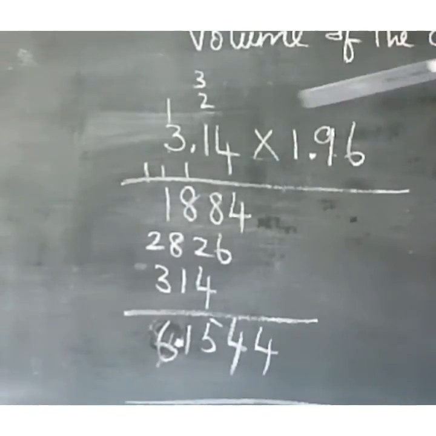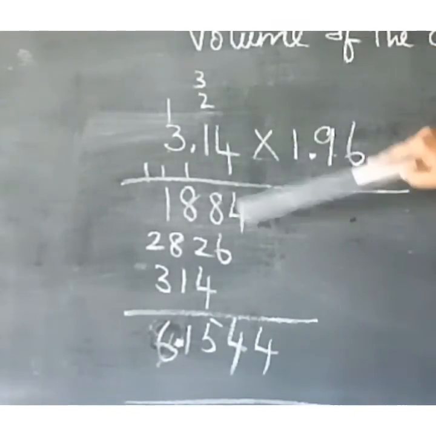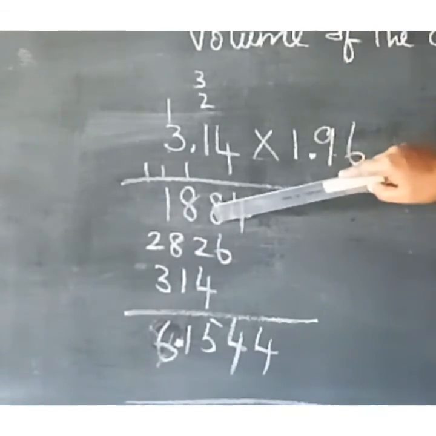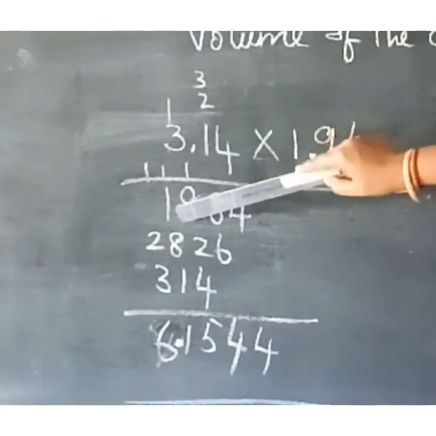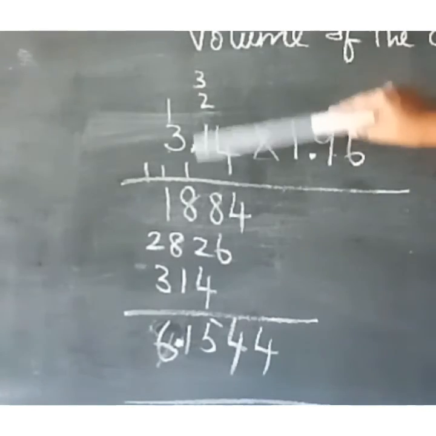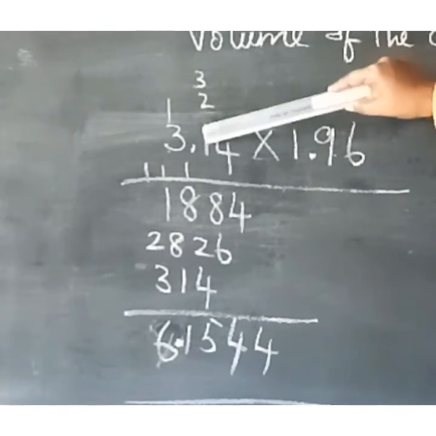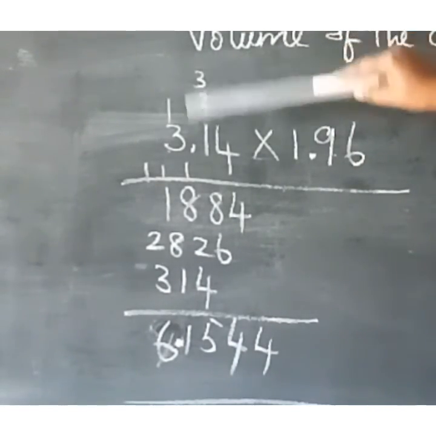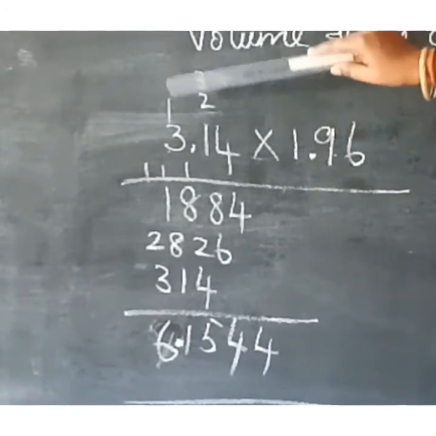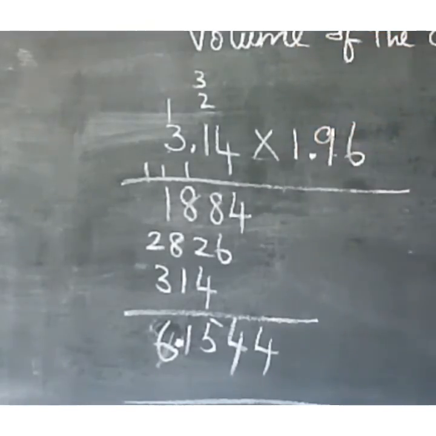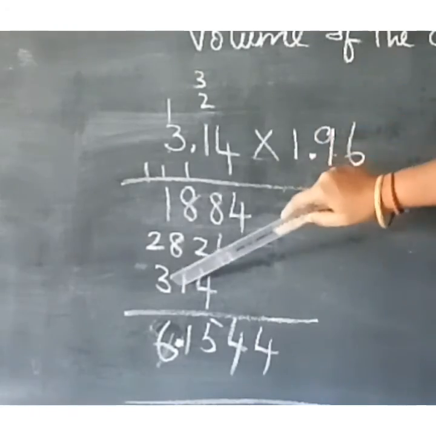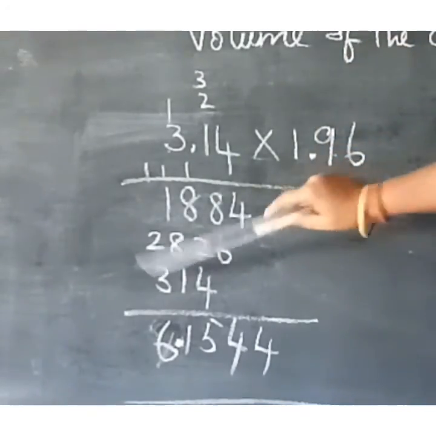3.14 multiplied by 1.96. 6 4s are 24. Write 4. Remaining 2. 1 6 are 6. 6 plus 2, 8. 6 3s are 18. Next 9 4s are 36. Write 6. Remaining 3. 1 9s are 9. 9 plus 3 is 12. Write 2. Remaining 1. 9 3s are 27. 27 plus 1 is 28. Next 1 4s are 4. 1 1s are 1. 1 3s are 3.